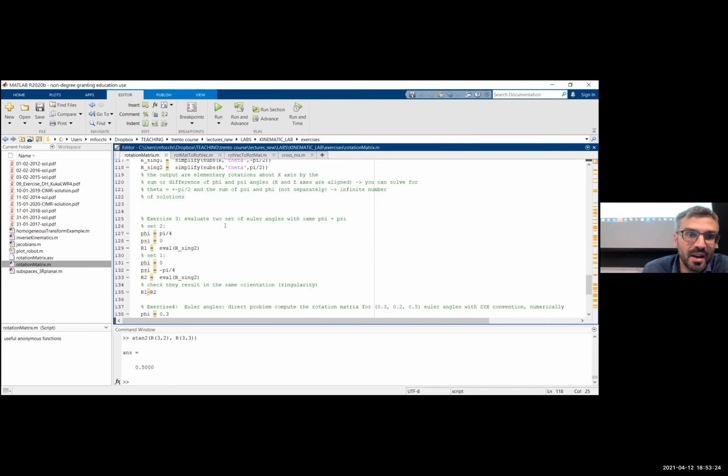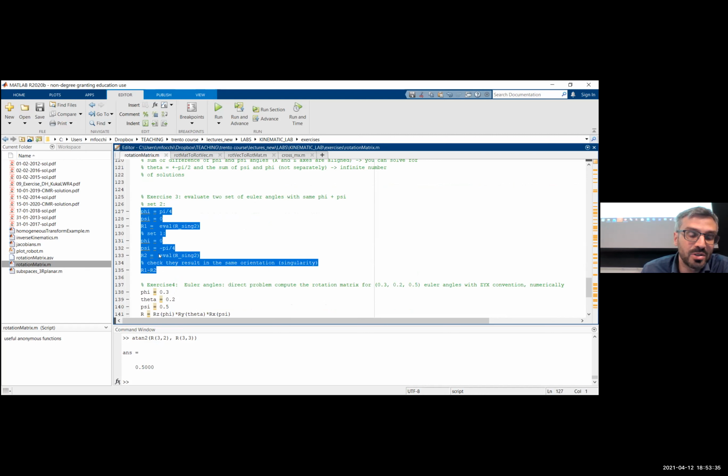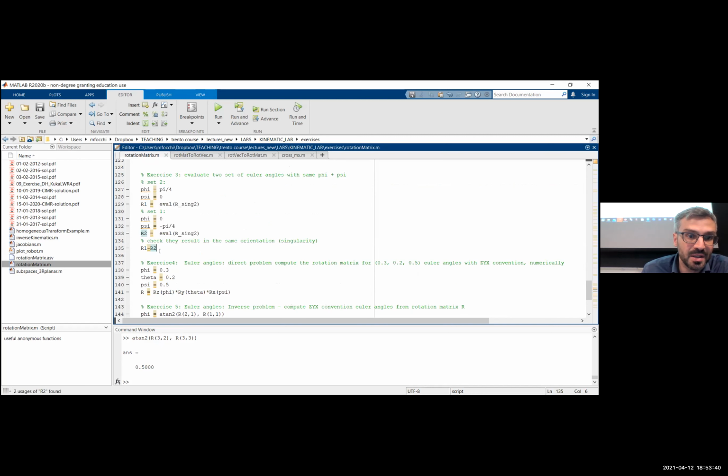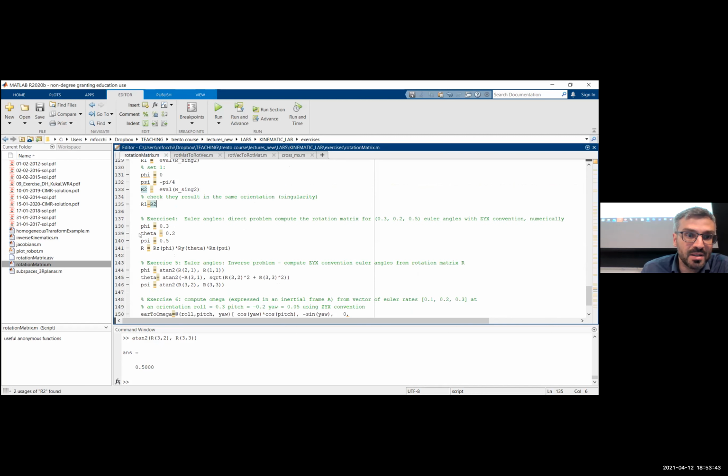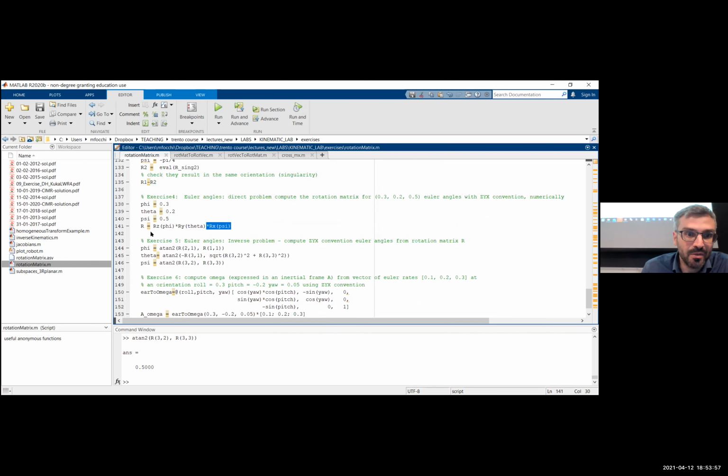Here is the symbolic expression that we analyzed, and putting the numbers inside, you get the same rotation matrix. In this exercise, we were just applying the formula for the direct problem, which is applying subsequent elementary rotations about the z, y, and x axes, and then, after computing the rotation matrix, getting back the original angles by applying the inverse problem formulas.